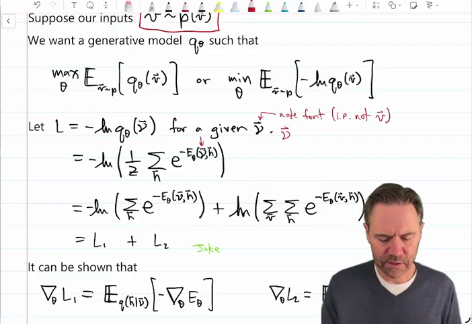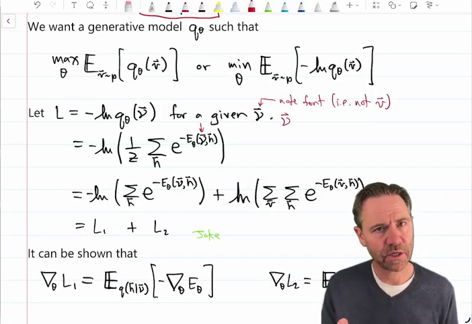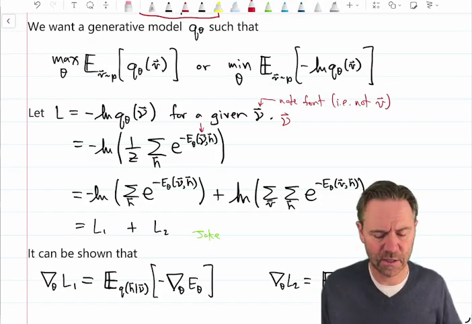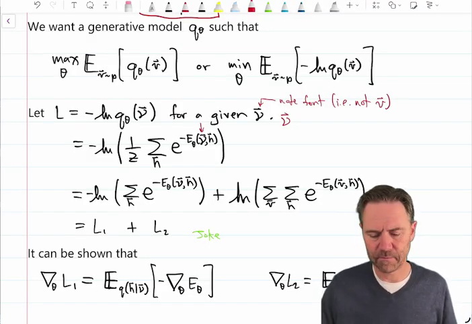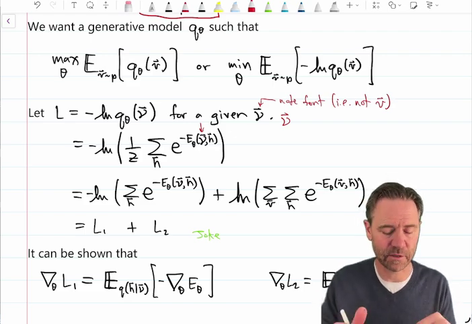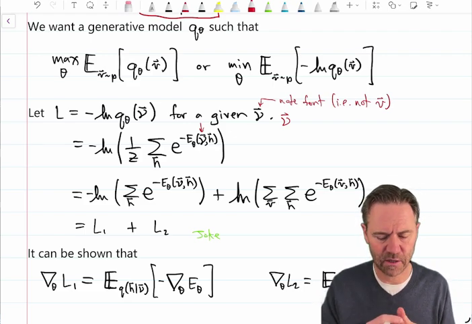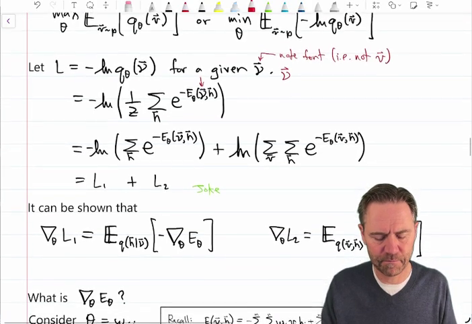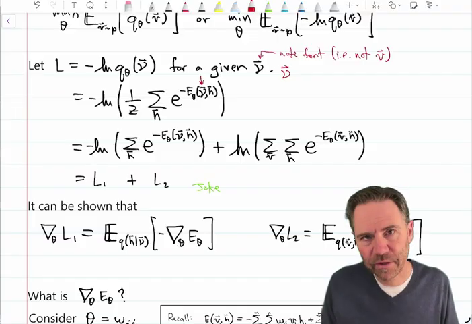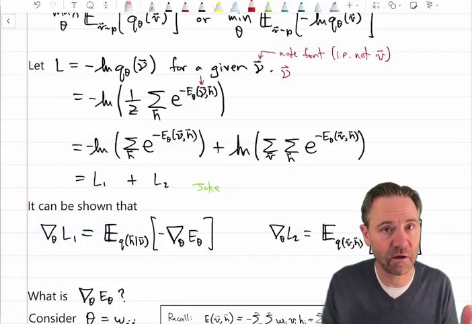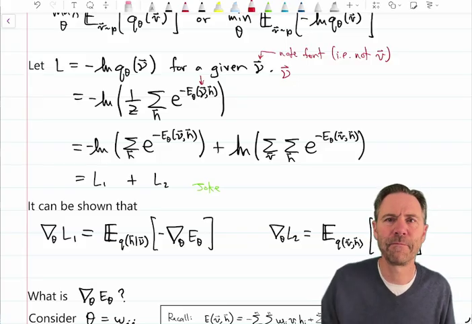If we see that particular V frequently, we want to increase the probability, which means decreasing the negative log probability. So we want to minimize this. We want to increase the thing inside the brackets, which will decrease the entire negative log of that thing.